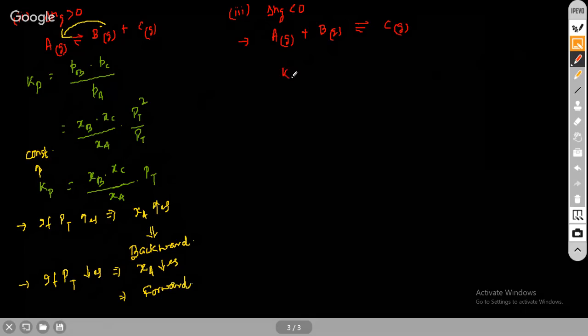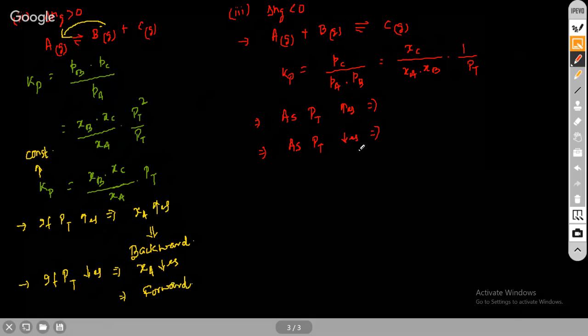The expression for Kp is partial pressure of C divided by partial pressure of A into partial pressure of B, which we can further write as Xc by Xa into Xb into 1 by Pt. Now you tell me, all of you, as Pt increases, what is the direction of the reaction? As Pt decreases, what is the direction of the reaction?